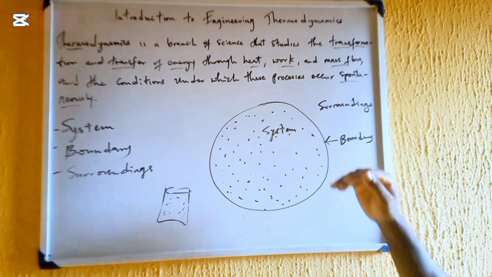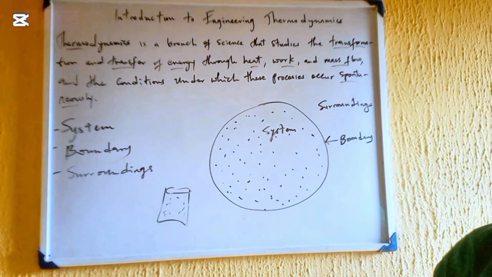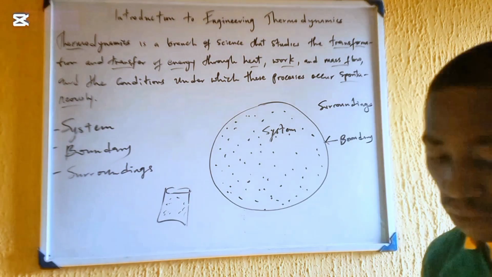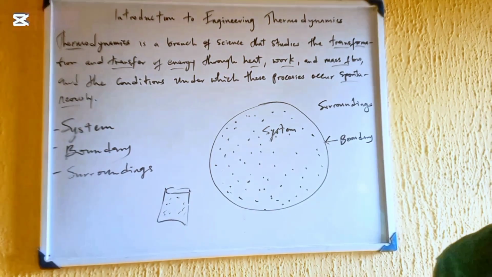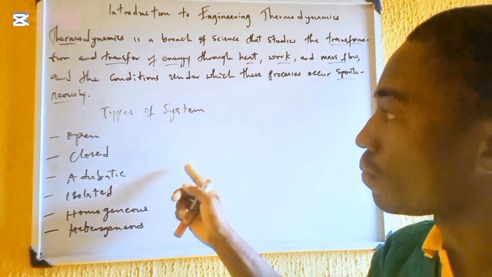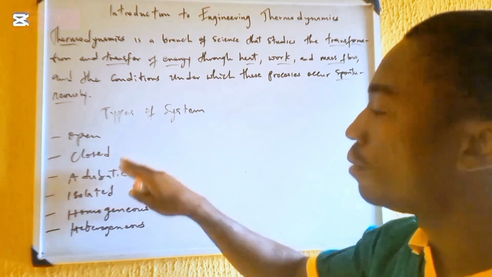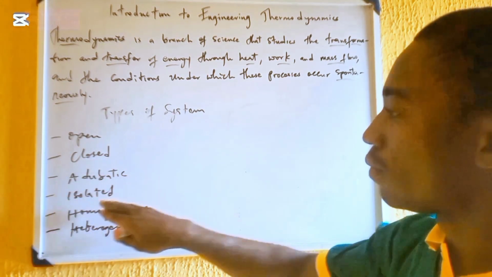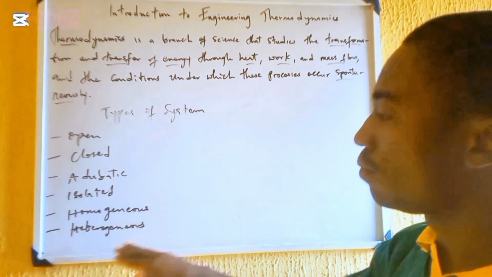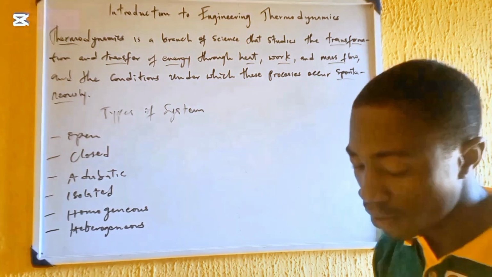So once you are able to identify your boundary, you know that whatever is outside that boundary is part of your surroundings. Now let's look at types of system. First, we have open system, closed system, adiabatic system, isolated system, homogeneous system, and heterogeneous system.